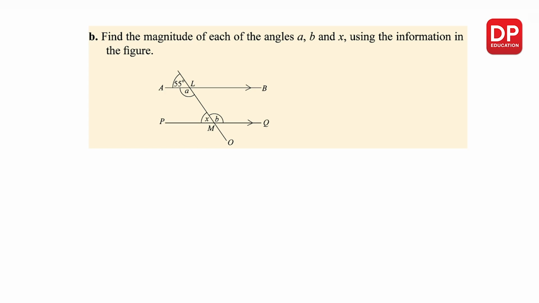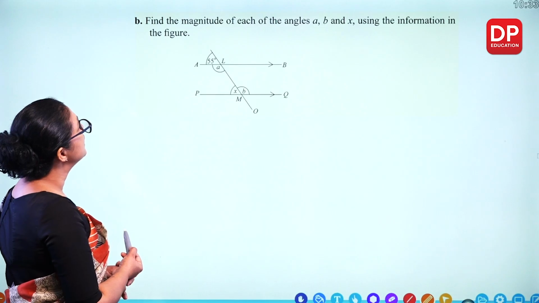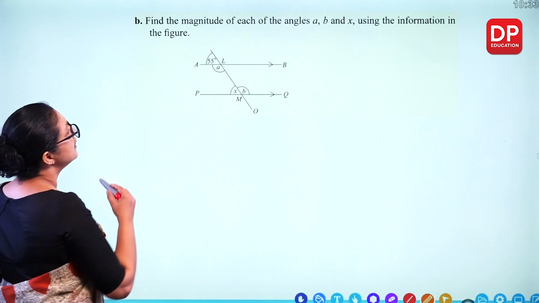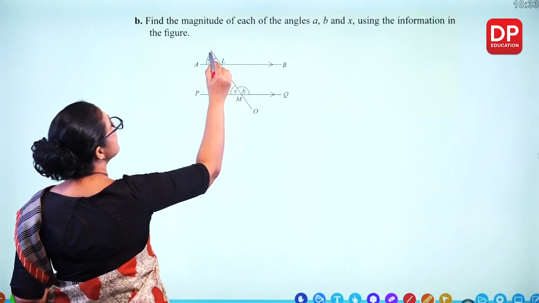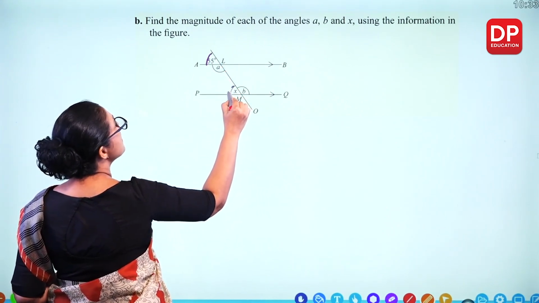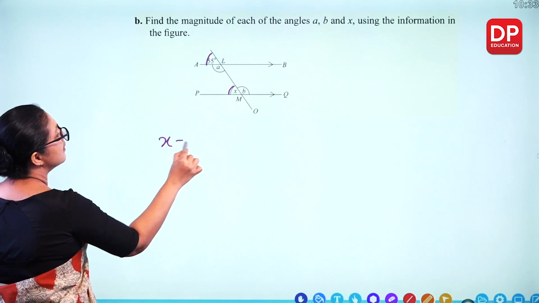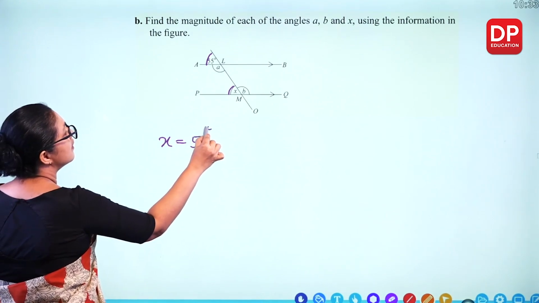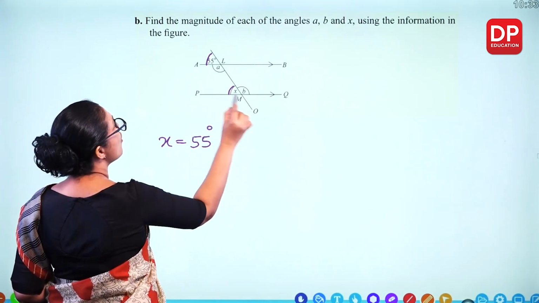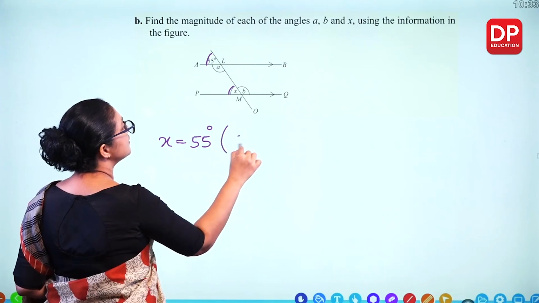Find the magnitude of each of the angles A, B, X using the information in the figure. These two lines are parallel. So this is the same as x. What's the reason? Corresponding angle, F letter angle.